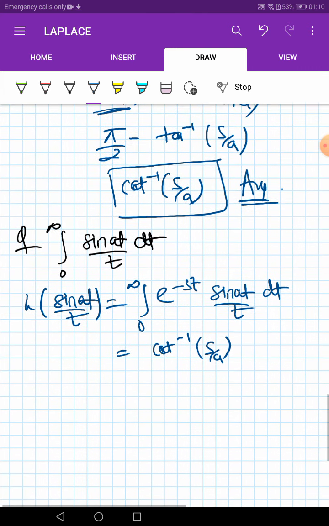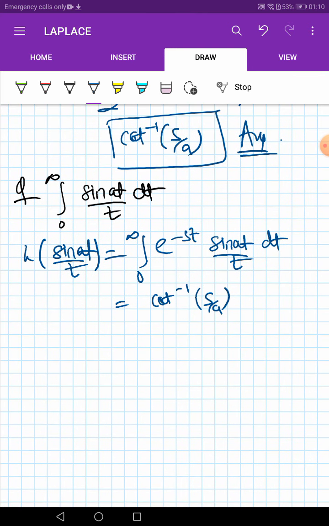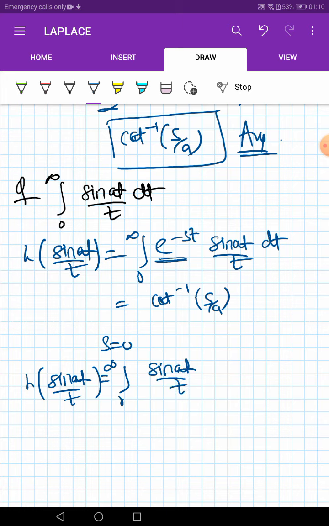Now if in the above integral the value of s is equal to 0, then the integral becomes the Laplace transformation of sin at by t is equal to the integration from 0 to infinity. If s is 0, then this term will become 1 and we'll get sin at by t dt, which is equal to cot inverse s by a, and since our s is equal to 0, we'll get cot inverse 0.